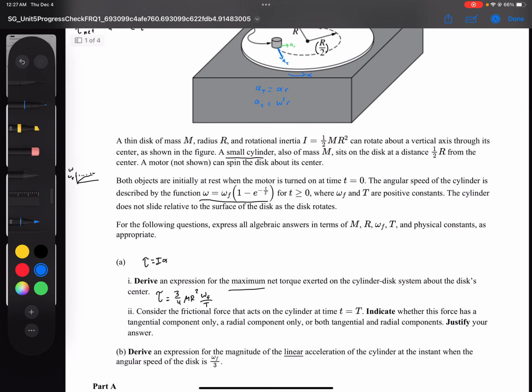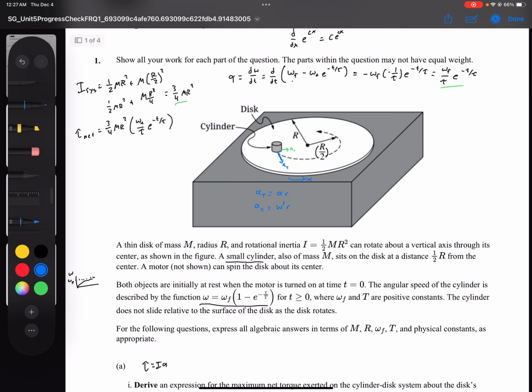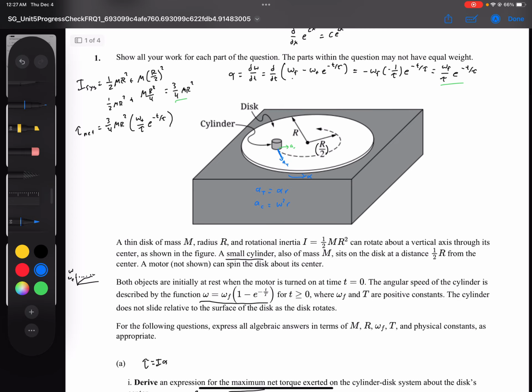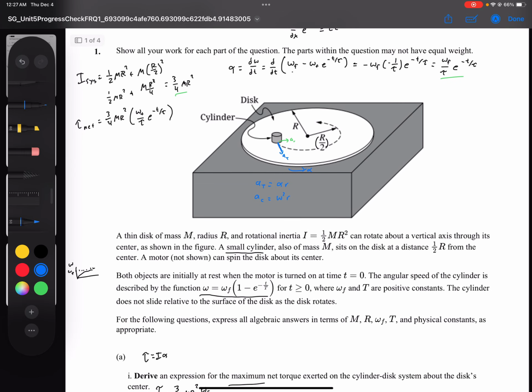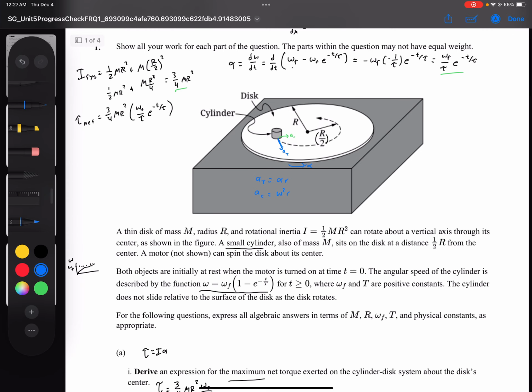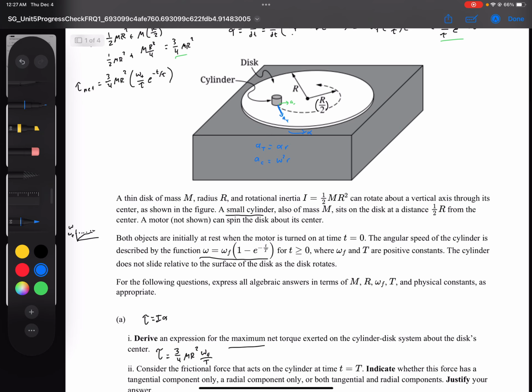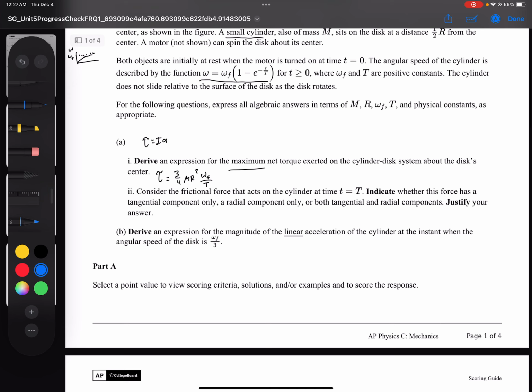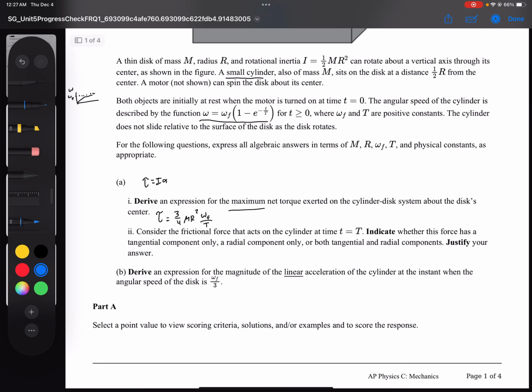All right, so this is going to require a bit of calculation, but it's not too bad. So if omega is equal to omega f over 3, what we need to do is solve for the time constant. I'm just going to write out this expression here, when the angular speed of the disk is omega f over 3.